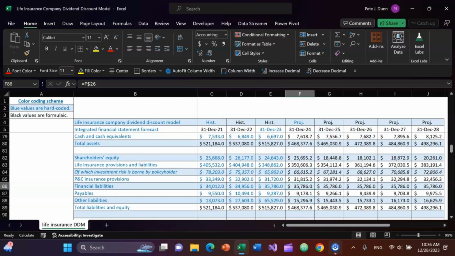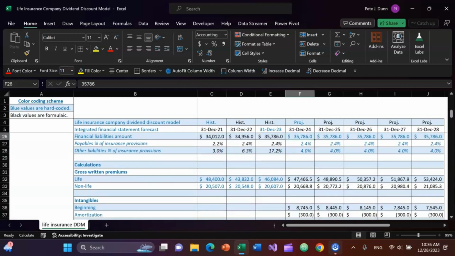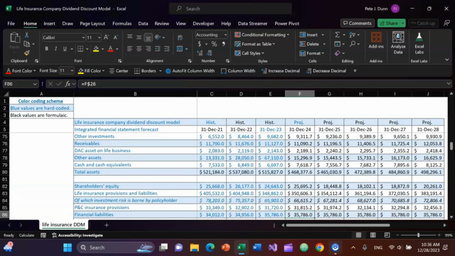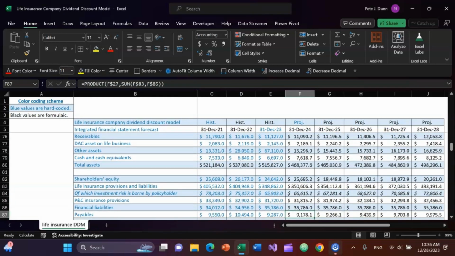Financial liabilities, those are hard-coded assumptions that just reference row 26. Control Left bracket to get up there, F5 enter to get back. Payables is equal to the assumption in row 27 times the sum of the insurance provisions, not including the unit linked part of the provision.